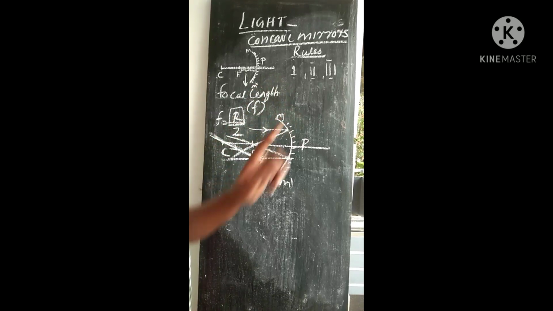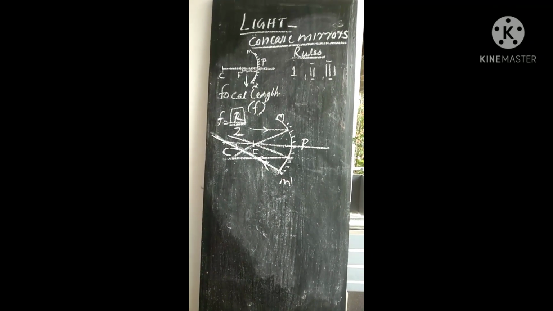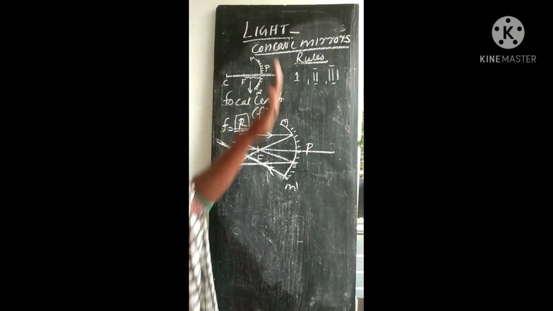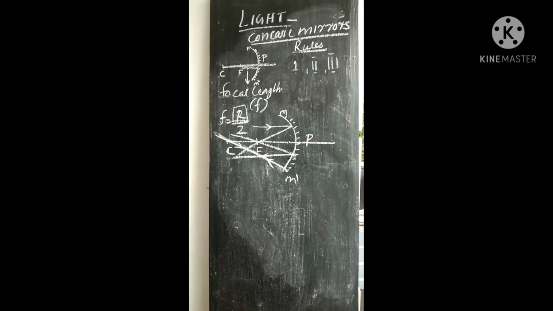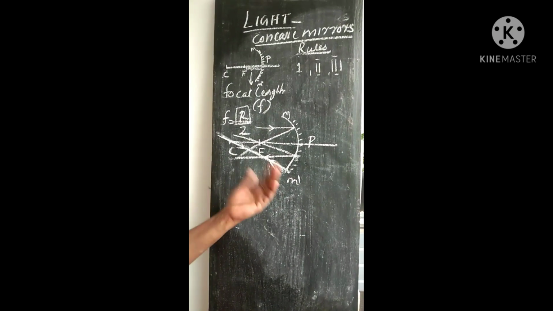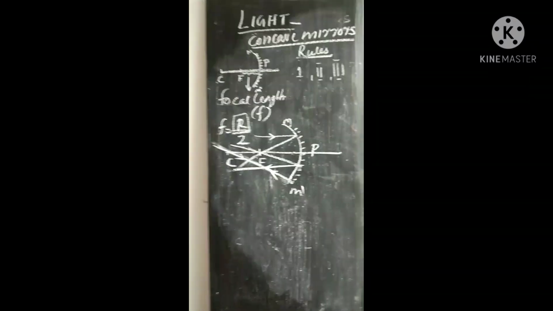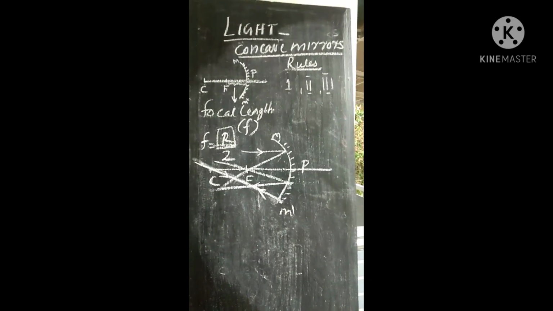Okay, and after that write the different rules of image formation by a concave mirror, these three rules. The rules are also given clearly in the textbook. So read and study the textbook thoroughly. After that, attend the questions, write down the answers in the notebook and make your notebook ready, or update your notes.